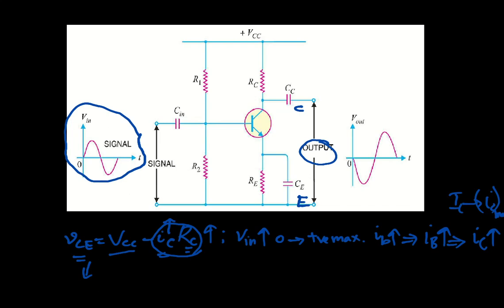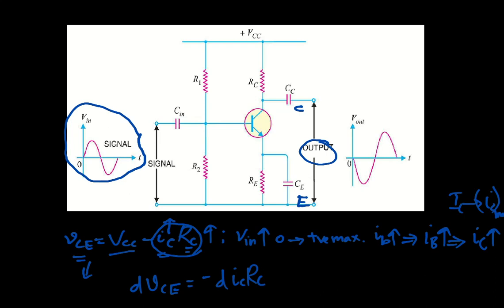And during the negative half cycle, when the input voltage goes from 0 to negative maximum, IB will decrease, so IC will decrease. When IC decreases, VCE starts to increase. This we can readily deduce mathematically: if we differentiate this equation, the differential of VCE will be equal to minus the differential of ICRC.